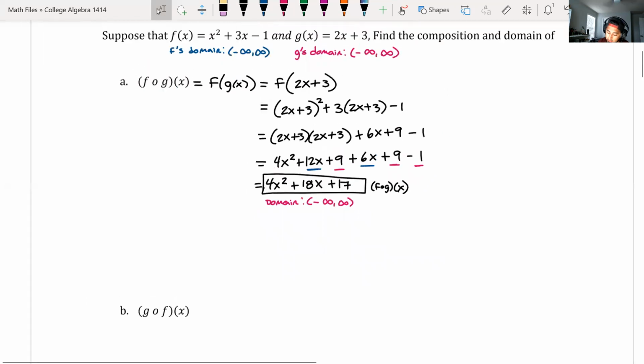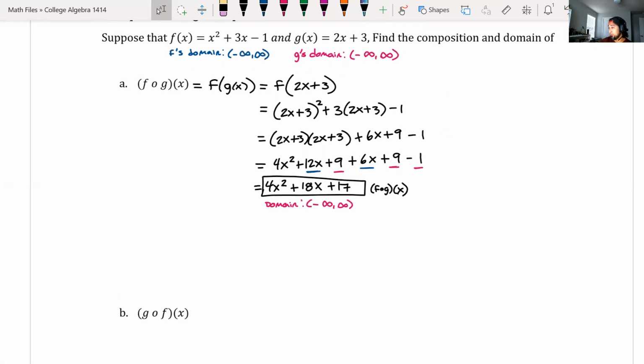Which is like this next one. We are now going to take function f and plug it into function g. So this becomes g of f of x. So g composed f of x becomes g of f of x. Now we are going to substitute f of x in the parentheses, x squared plus 3x minus 1.